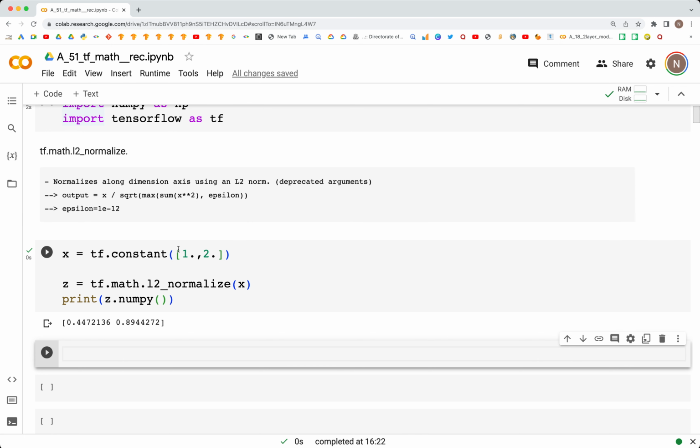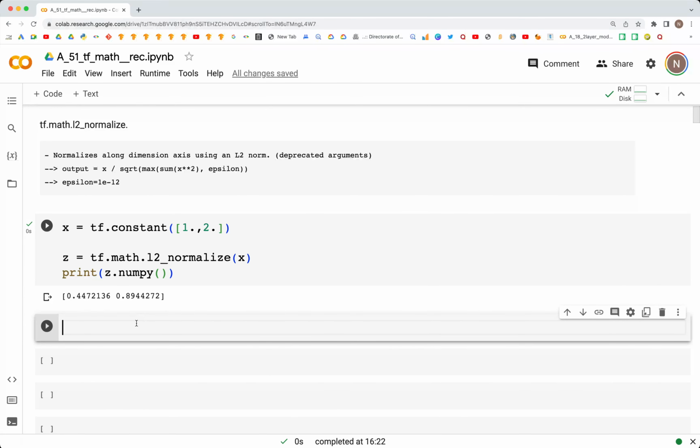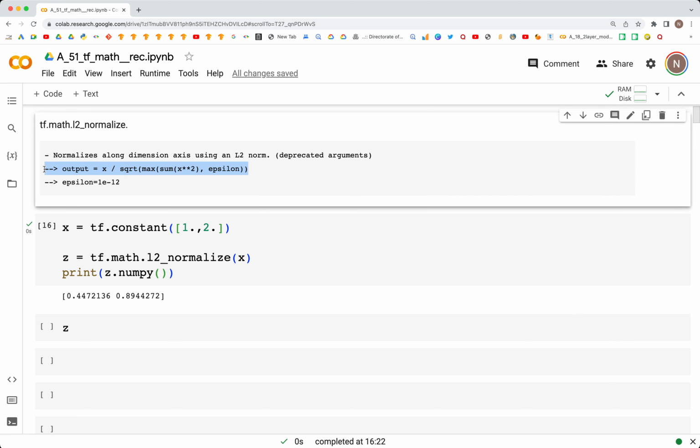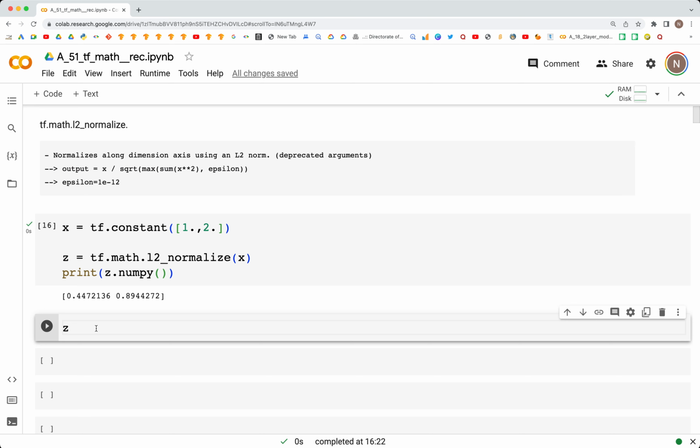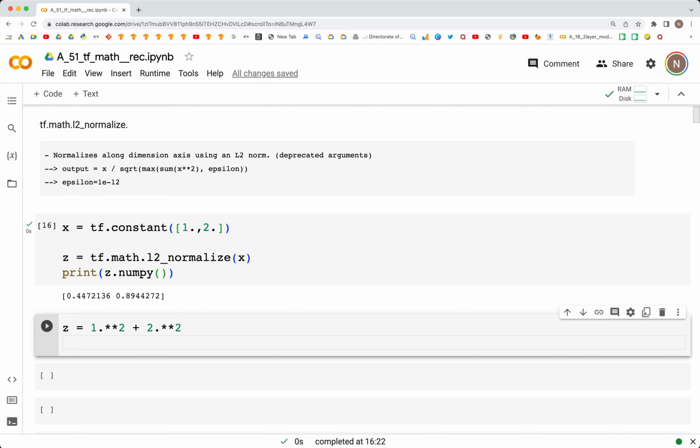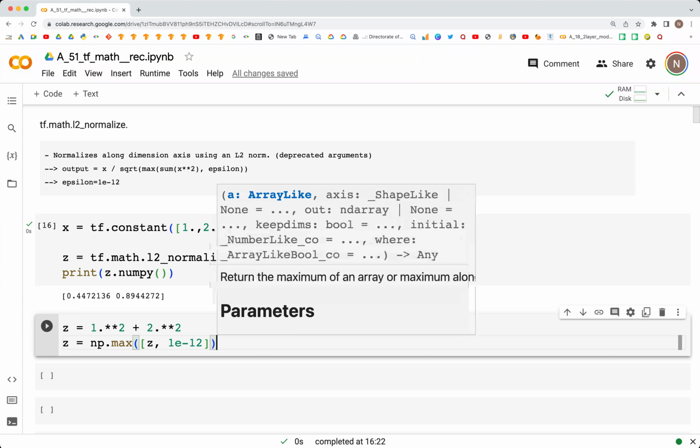Now the way these are calculated is as follows. We have, let's say z, and this is what's written up there. We first calculate the squared values, so 1 square plus 2 square, and then we find np.max of either the value calculated above or the value that we are writing here, which is 1e-12.